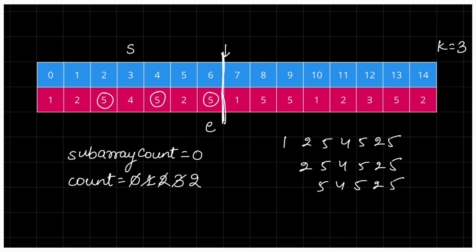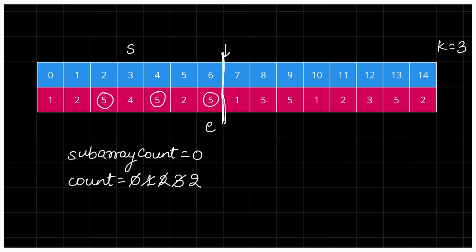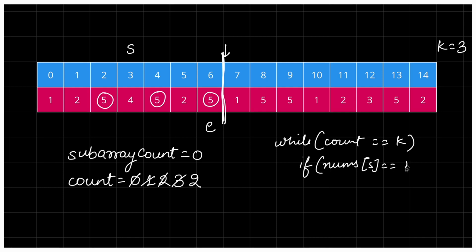So let me write it over here. How would I code this? What I'm trying to do is say: while the count is equal to K, I check if nums of start is equal to my max element.